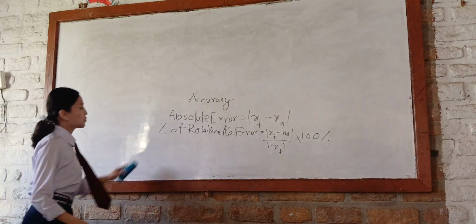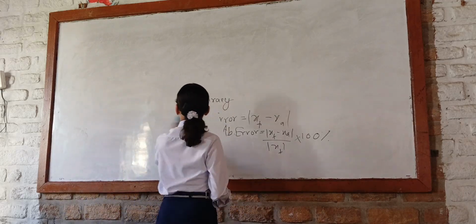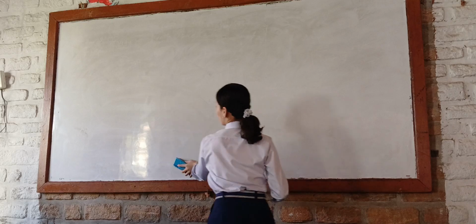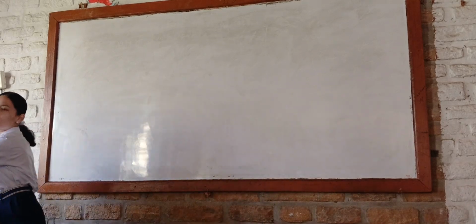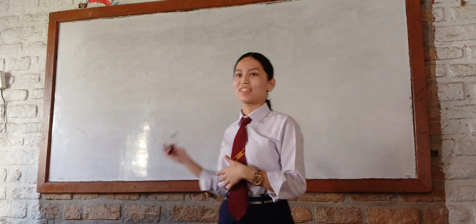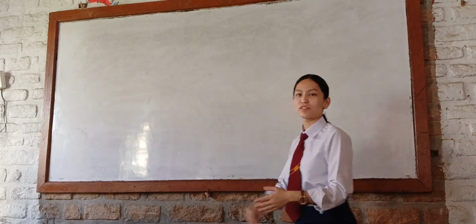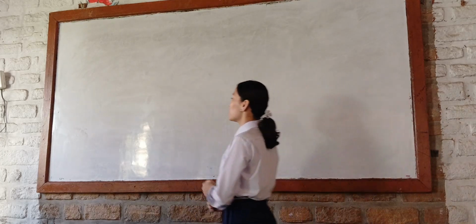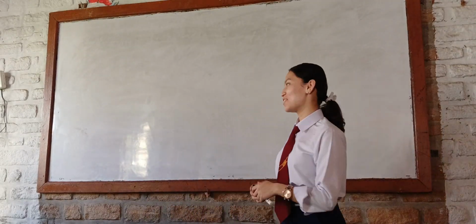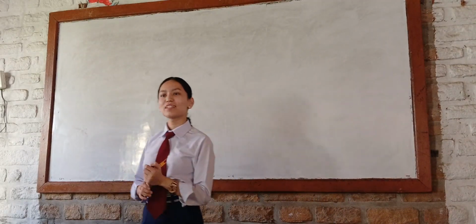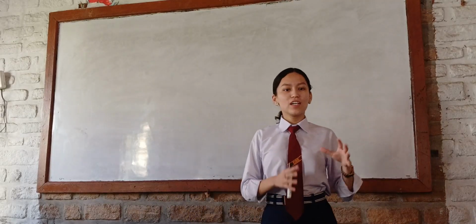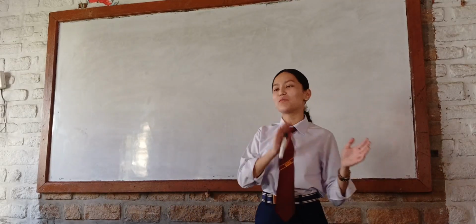Let's talk about the next characteristic of numerical computation, that is rate of convergence. Rate of convergence means how quickly the calculated value is getting closer to the exact value. The next characteristic is numerical stability.